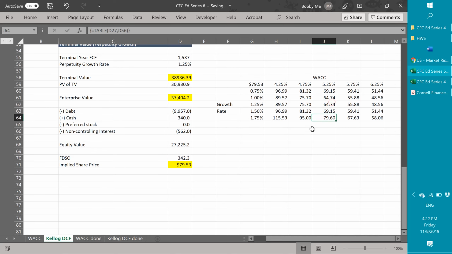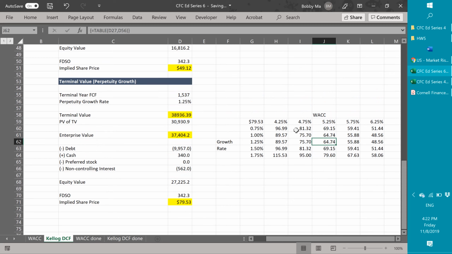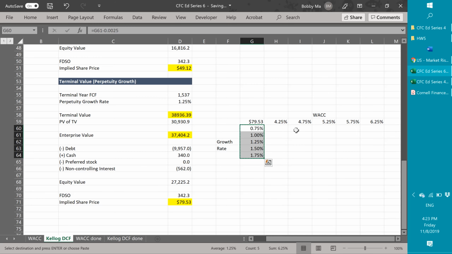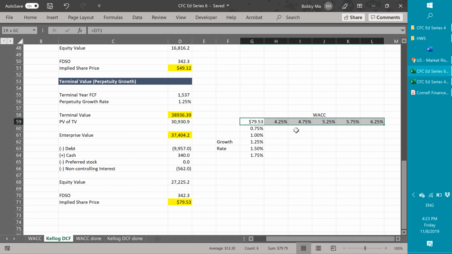Did I do something wrong? Oh, okay, hold on. Delete these numbers real quick. So these numbers on the right, you have to hard code. All right, so we do it again.